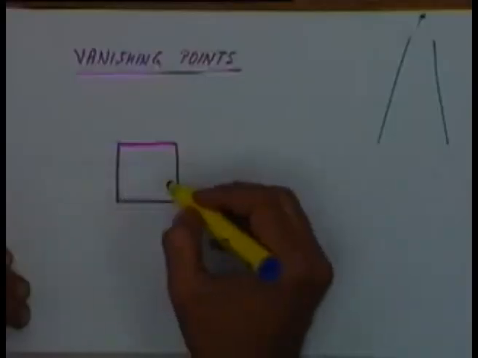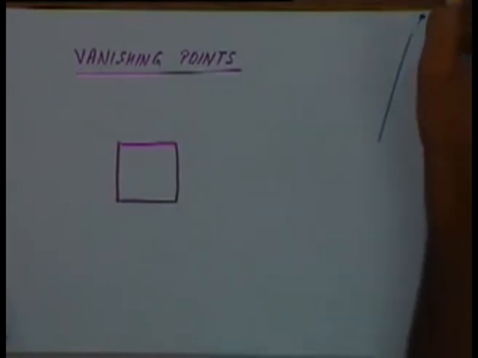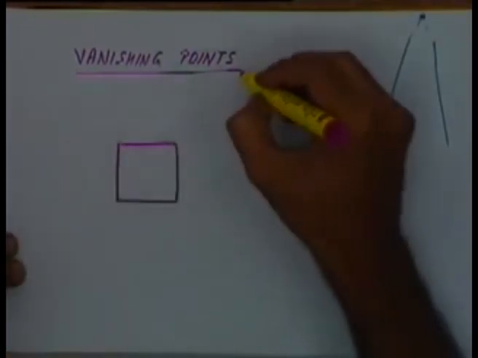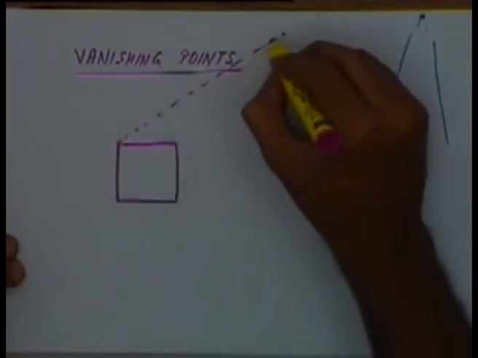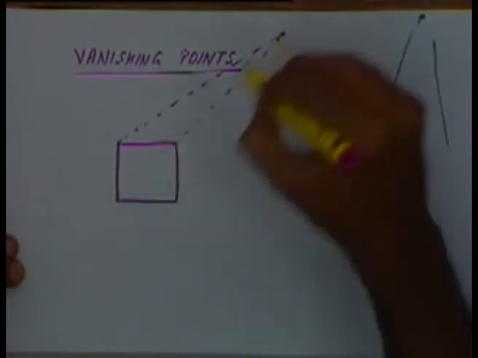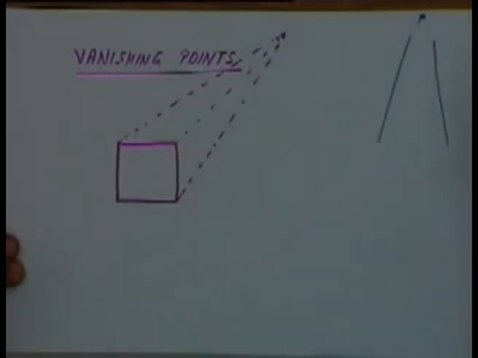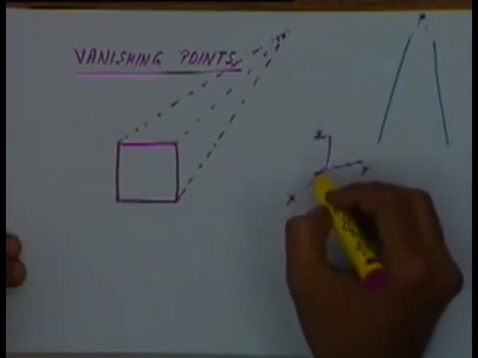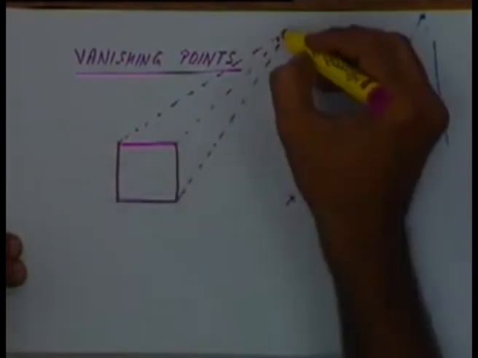Similarly, in a cube, the two edges which are at the back will seem to come from a finite point. Let's say this is my axis, my projecting plane is right now the YZ plane, and all lines parallel to the X axis will seem to come from this point.